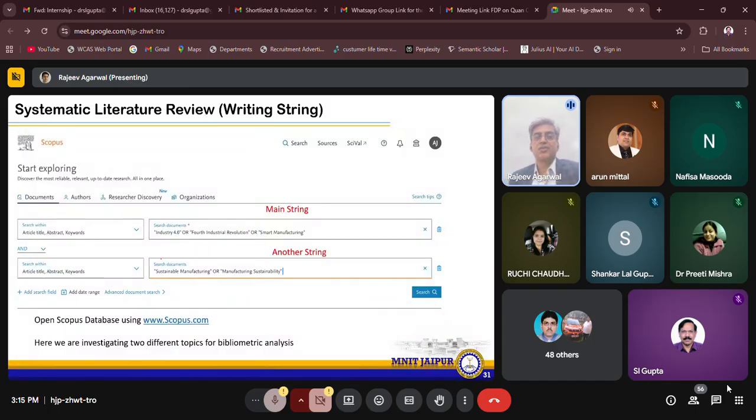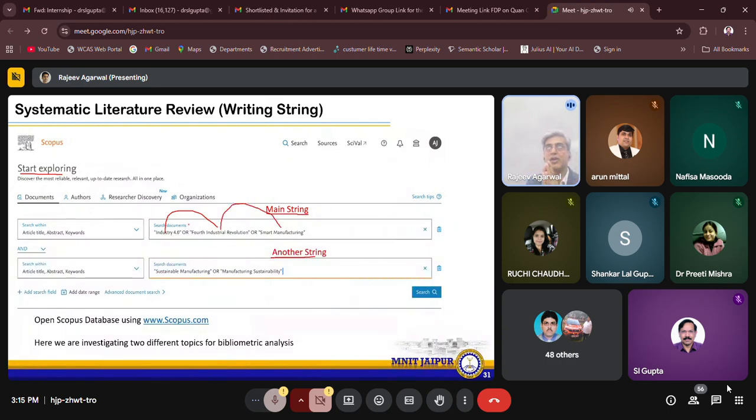Now let us try to understand with the help of hands-on. You need to start with Industry 4.0 and sustainability, where first is the mainstream term, another is an alternative term. Mainstream: Industry 4.0 or fourth revolution or smart manufacturing.